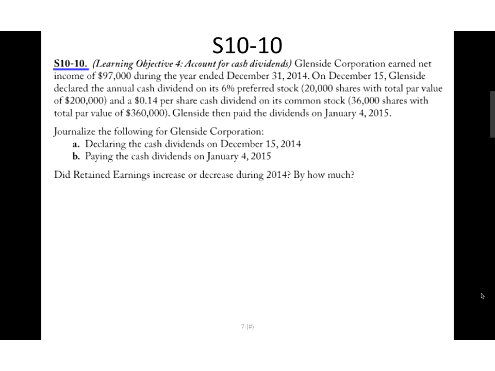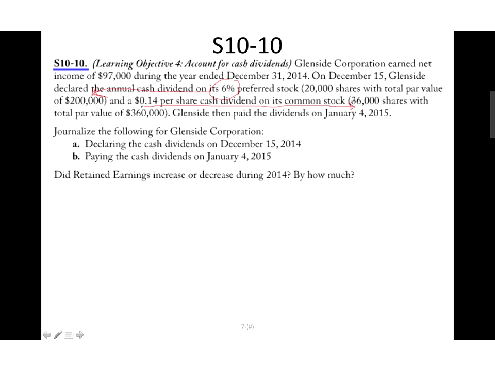When we have a 6% preferred stock, what that means is the dividend is going to be 6% of the par value of $200,000. So that's going to be the dividend on the preferred stock. The dividend on the common stock is 14 cents a share times the number of shares.